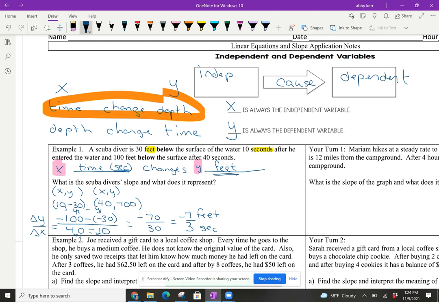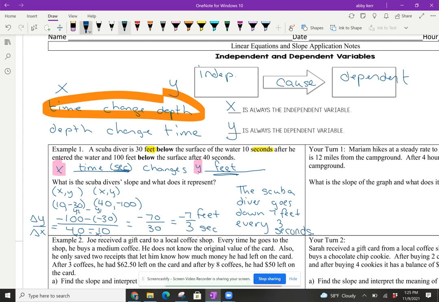So we need to say the scuba diver goes down 7 feet every 3 seconds.